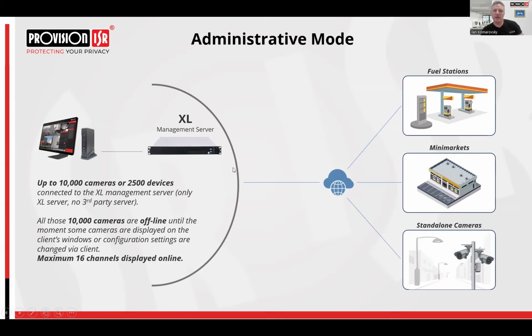Meaning that most of the time, all of those devices, all of those sites are silent. They are sleeping. Only when he clicks on a specific site, he wakes them up and shows those channels. Otherwise, all the rest are sleepy.